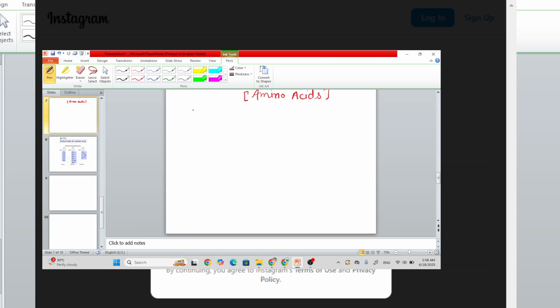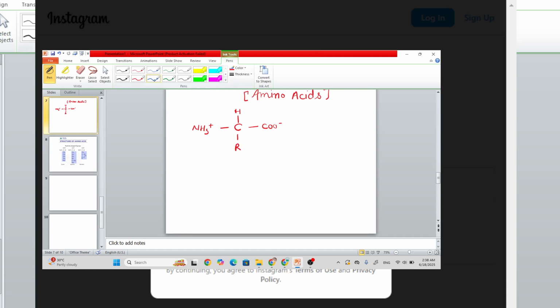Amino acids are molecules with a central carbon, a carboxylic head group, an amino terminal, a carboxy terminal, one hydrogen atom, and an R chain.